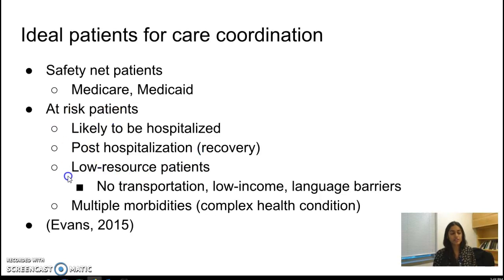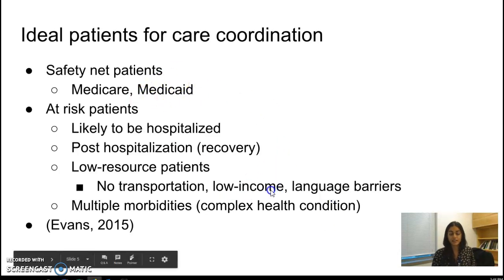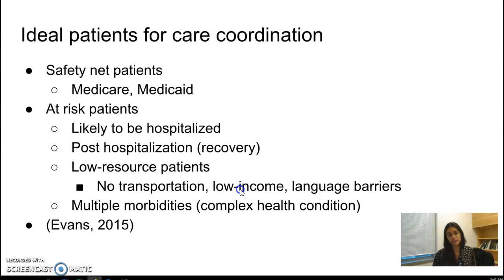So, at-risk patients, low resource patients, so people without transportation, we saw that in the Colorado video, might have been in your other class. Low income patients, so again, safety net, or maybe not. Maybe they have no insurance, or maybe they have company insurance, which is not that great, or they don't have a car, or somehow they're not able to manage the care that they need.